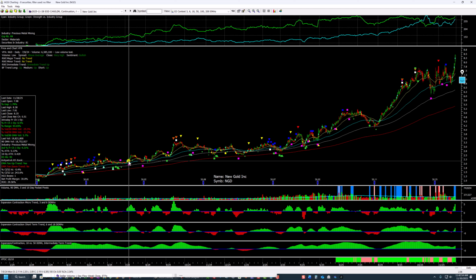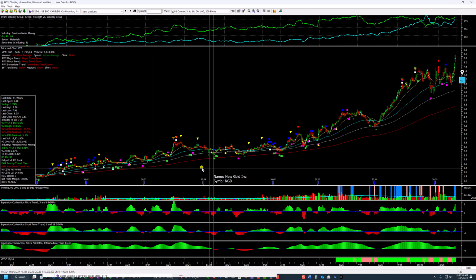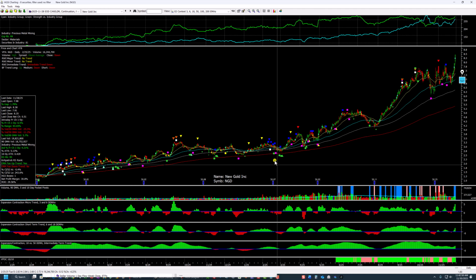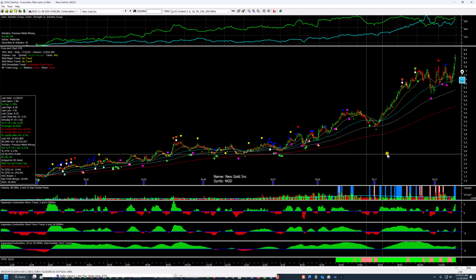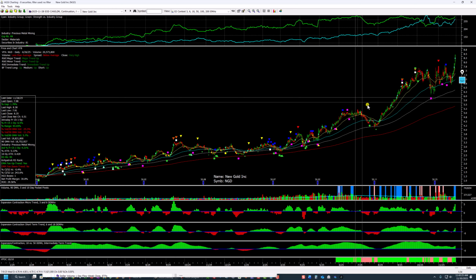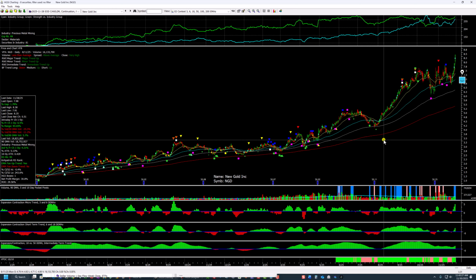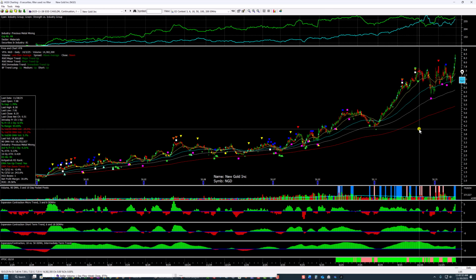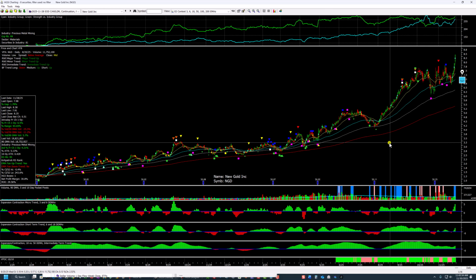If the fan is stacked, that's really all that matters. So what we're looking for are areas where the lines are expanding. They contract here and then they expand here. So the fan is expanding all the way through here as buyers come in. And like I said, that's usually a sign of strong institutional interest.